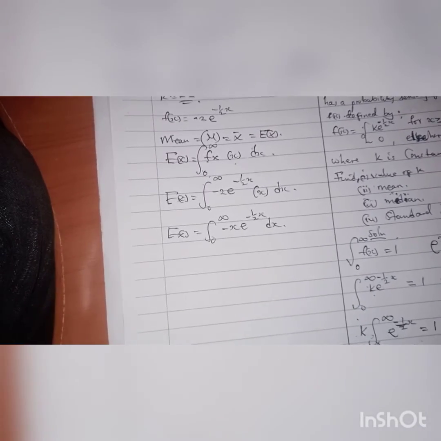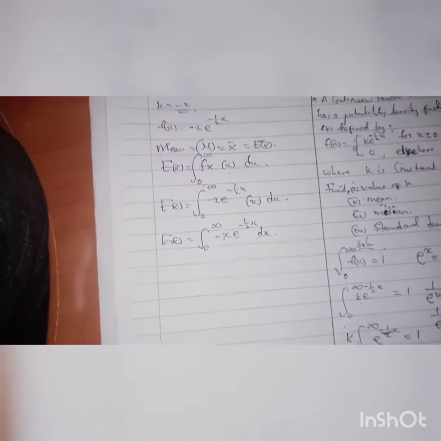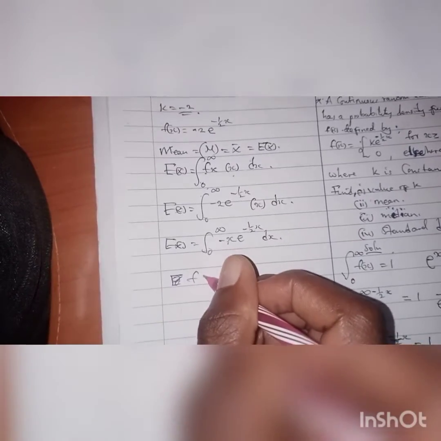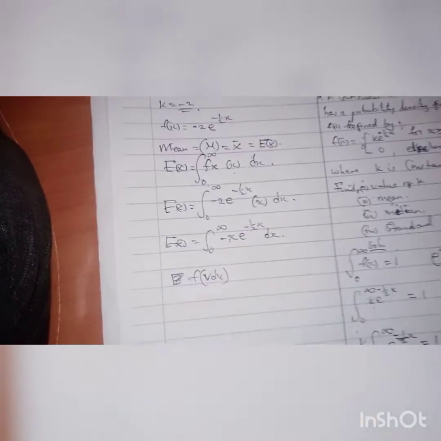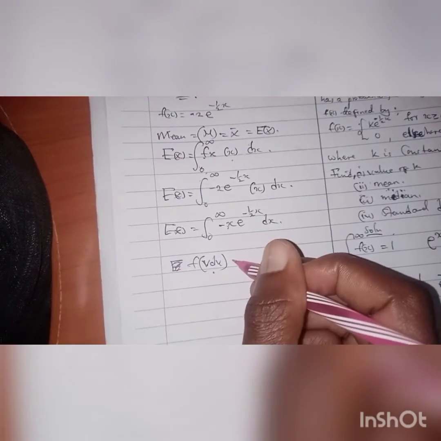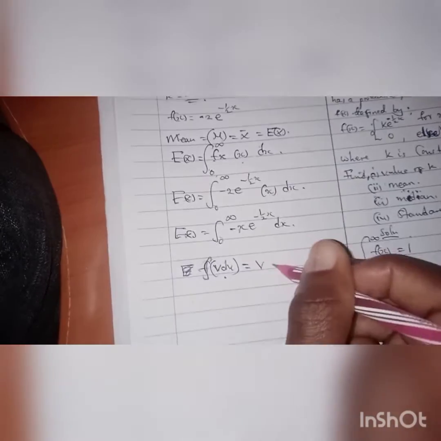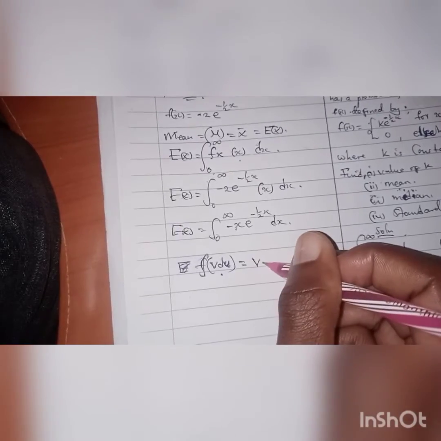For us to integrate this function, we have to apply integration by parts. Integration by parts states that for an integral of the form v du, the integral of this function is just we take the product of v times u. V du, we just take v multiplied by u.